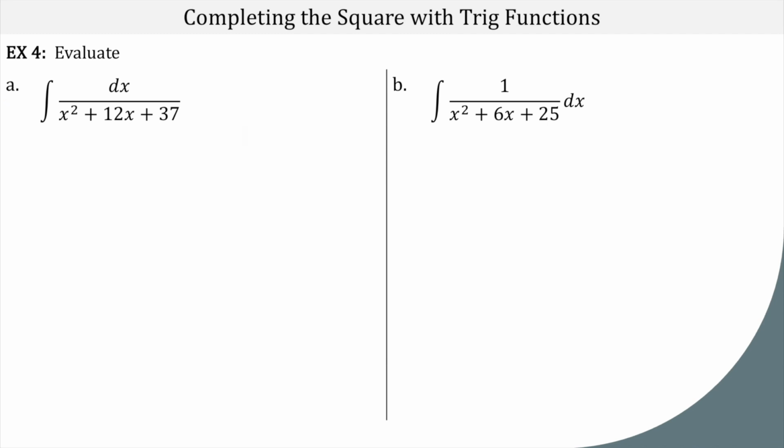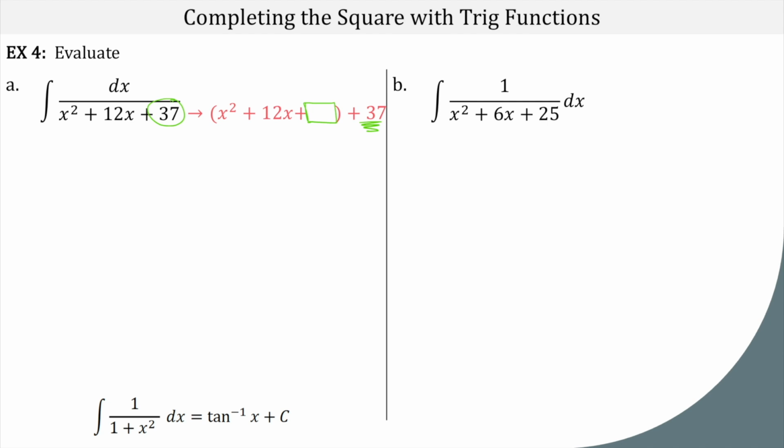We're not set up necessarily as we look at it for any sort of trig inverse, but let's see what we can do here. So we're going to take the bottom and complete the square on the bottom. So I'm going to take this 37, move it to the outside of a parentheses, and leave myself a space there to fill in.